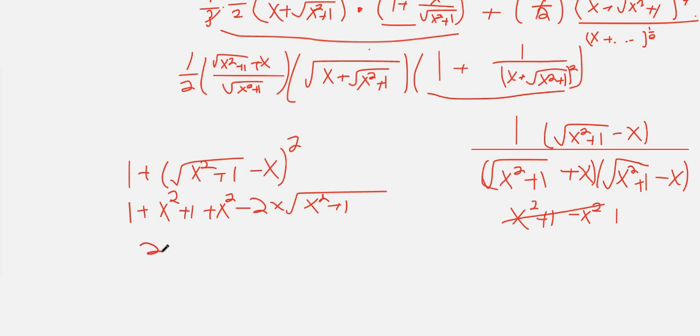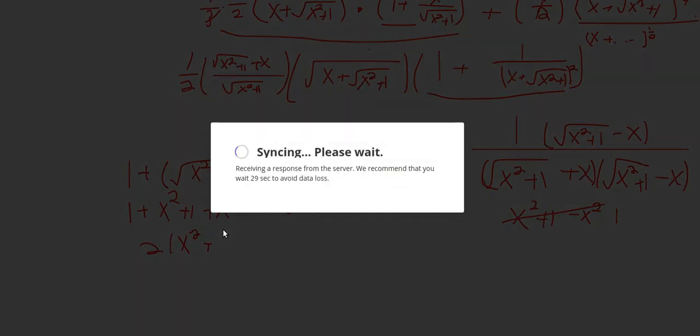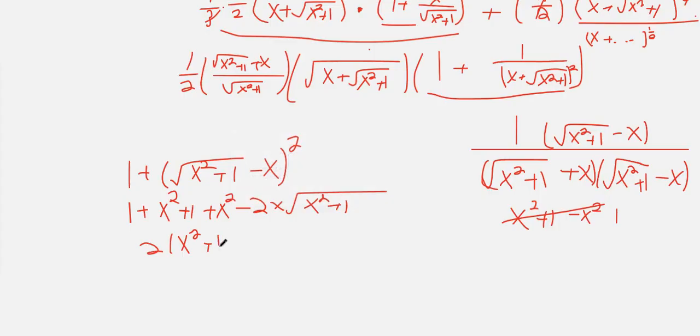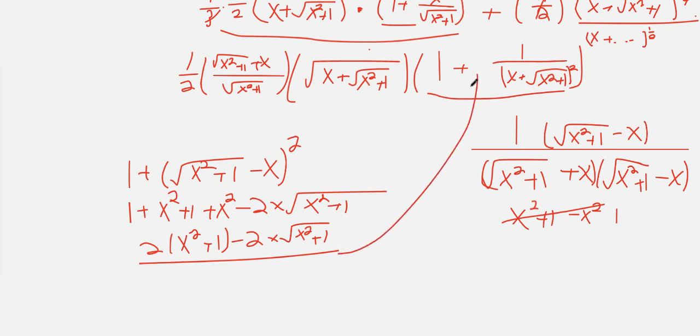So we have 2 times x squared plus 1, minus 2x times the square root of x squared plus 1. And so this is replacing this.